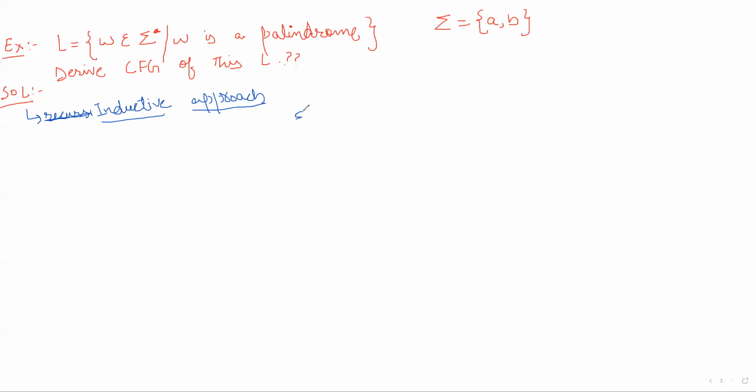One is epsilon, because it is also a palindrome. a is also a palindrome because it is the same in reverse order. b is also a palindrome. Now we have these three as palindromes. These are the base cases.